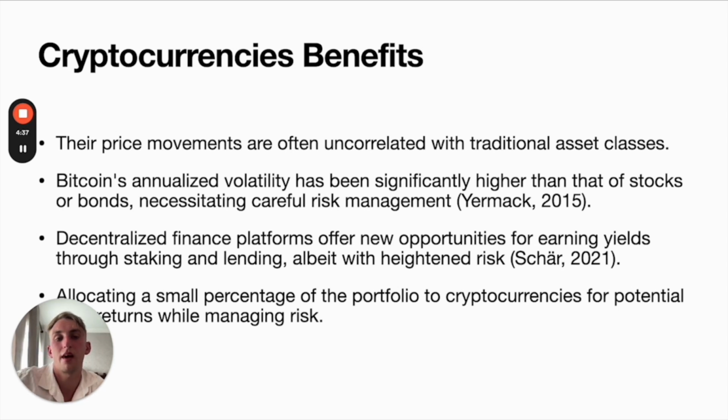However, Bitcoin's annualized volatility has been significantly higher than that of stocks and bonds, which underscores the need for careful risk management. Additionally, decentralized finance platforms offer new opportunities for earning yields through staking and lending.